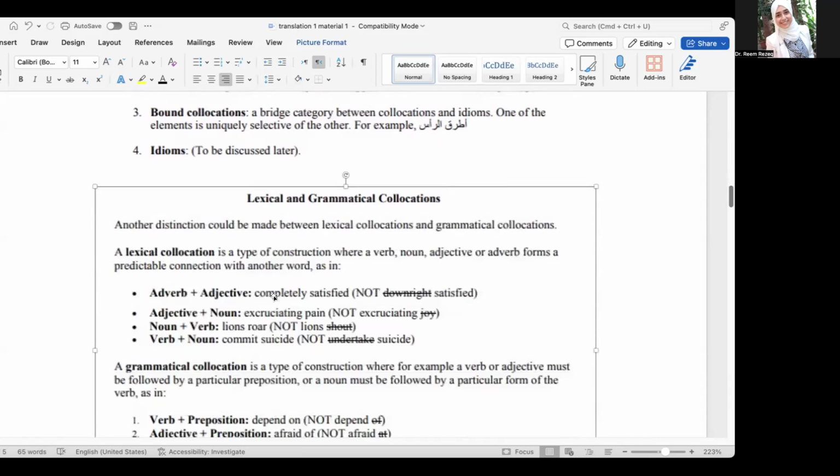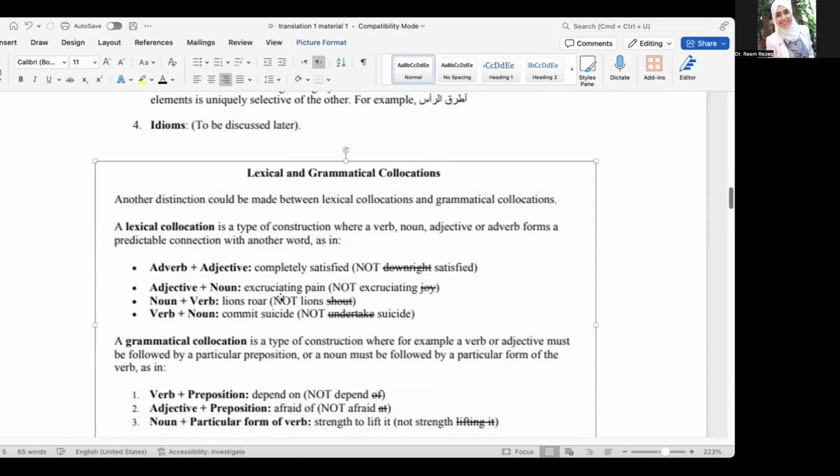We stopped here, and today, inshallah, we're going to continue talking about lexical and grammatical collocation. When somebody asks you what is the meaning of lexical, it means that it is a verb, a noun, an adjective, or an adverb. A verb, يعني فعل, okay?